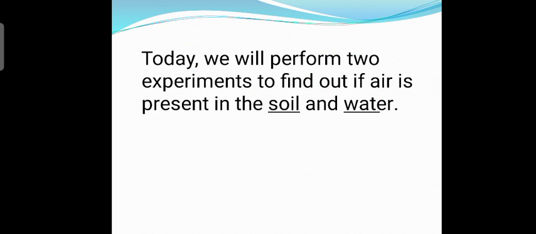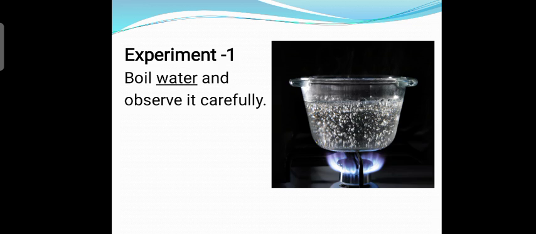So students, today we will perform two experiments to find out if air is present in the soil and water. Let's see. For the first experiment, you have to take one bowl and put some water in it. Keep it on burner. Allow it to boil and observe it carefully.